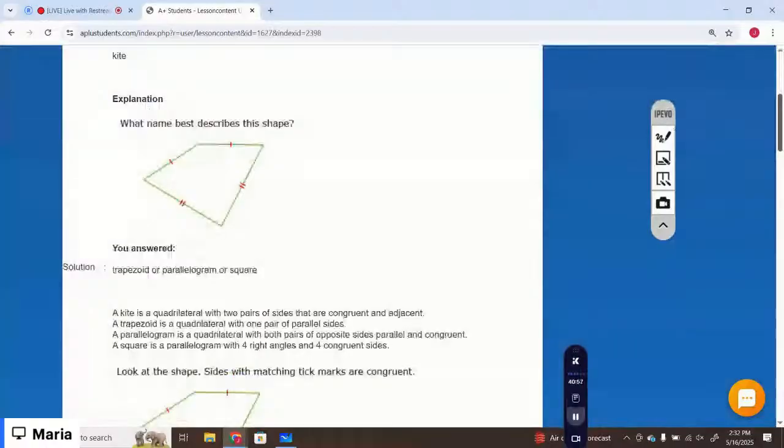A kite is a quadrilateral with two pairs of sides that are congruent and adjacent.